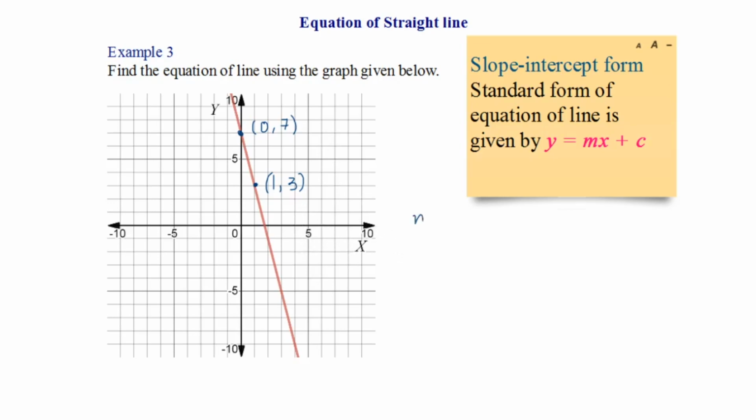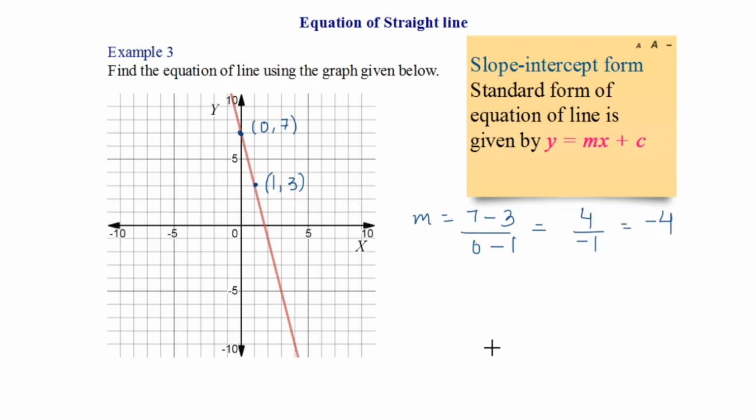So, gradient will be equal to y2 - y1, which is 7 - 3, upon x2 - x1, that is 0 - 1. So this becomes 4 upon -1, which is -4.